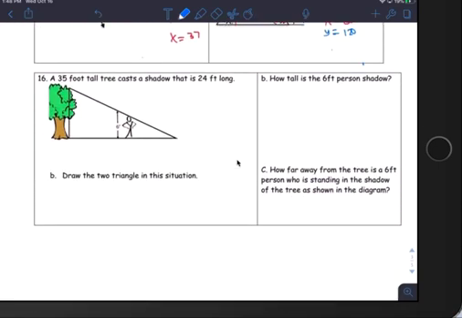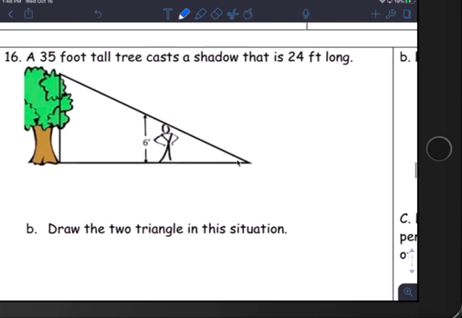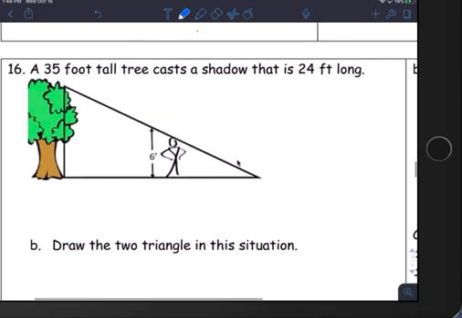Okay, this one will be on your quiz for sure. A 35-foot tree casts a shadow that is 24 feet long, so its shadow from here to here is 24 feet long. So draw the two triangles in this situation.